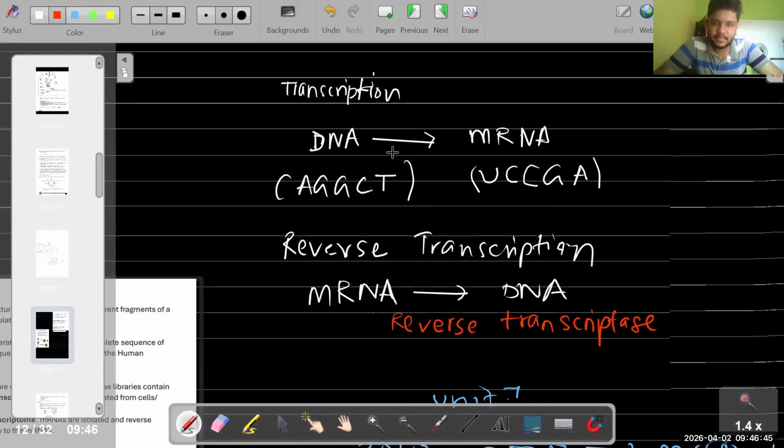So here, what is the enzyme that is contributing? Reverse transcriptase, right?